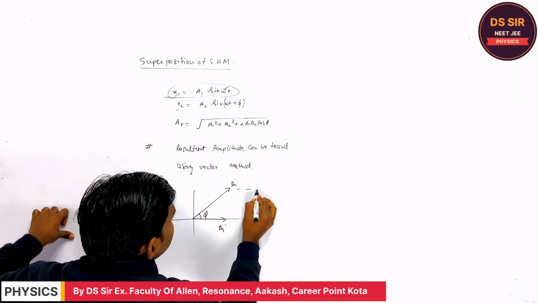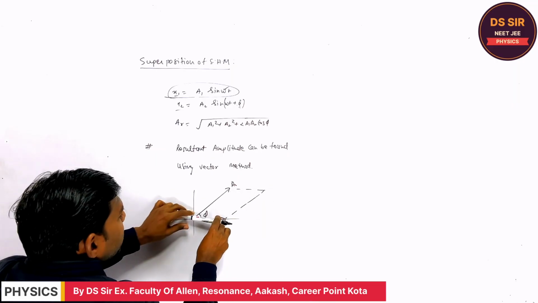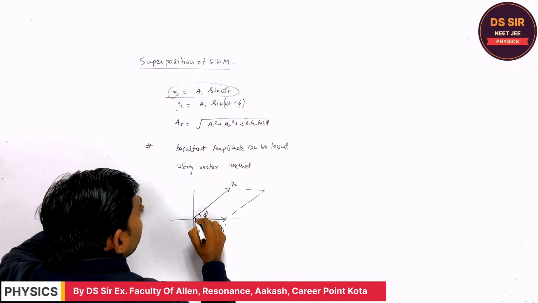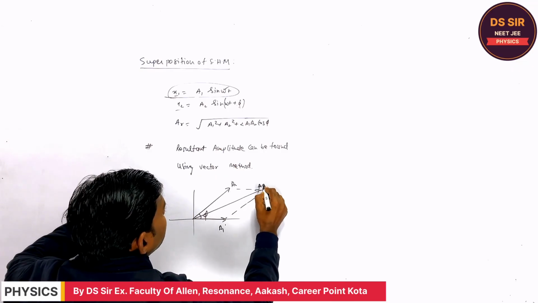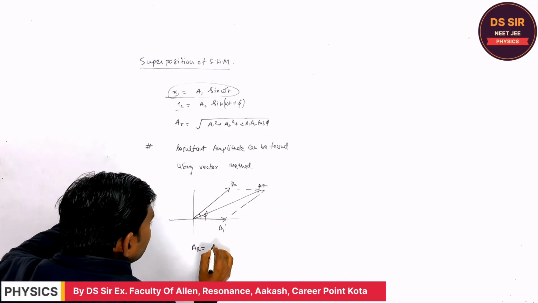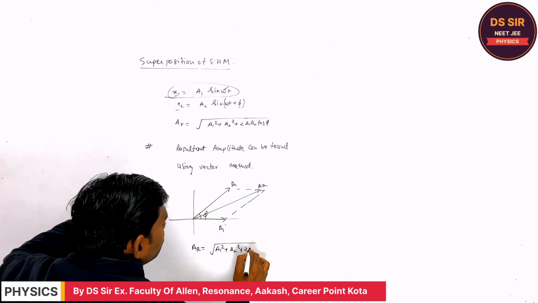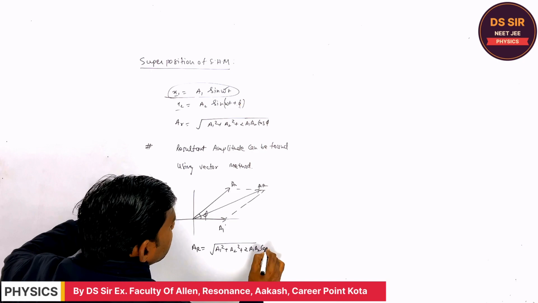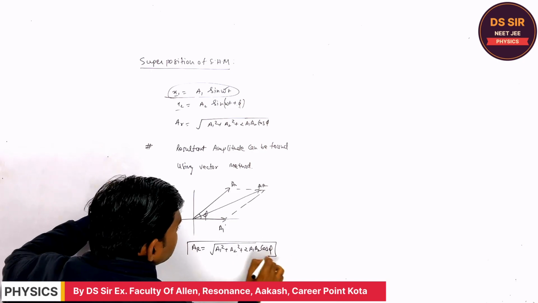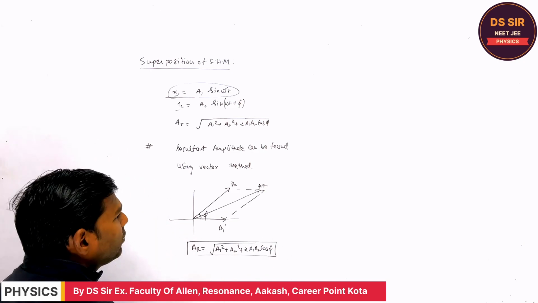So how to find their resultant if the two vectors are inclined at angle phi? So the resultant amplitude is to be found using root over a1 square plus a2 square plus 2a1 a2 cos phi. So directly the answer you can write. Are you getting or not?